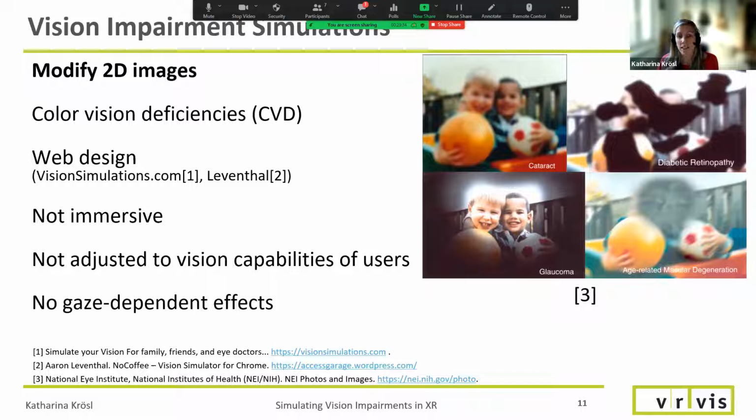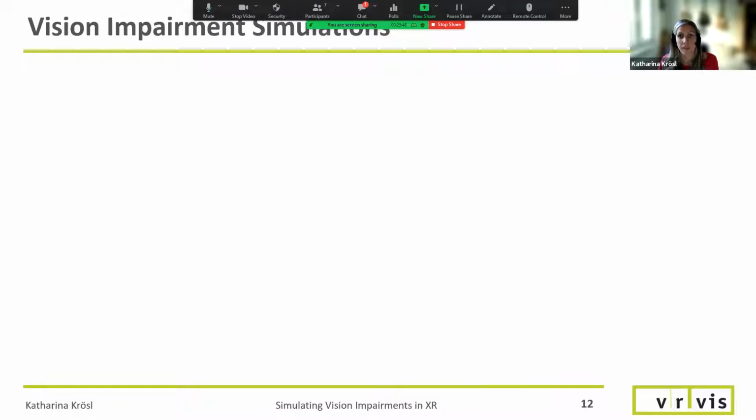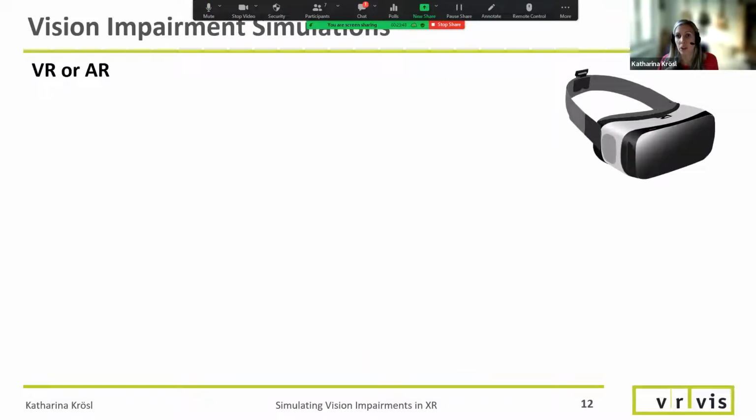So clearly we need something better than 2D images, something closer to reality and something more immersive. There's a whole body of research on simulating vision impairments in VR or AR with different limitations. Many simulations are simplified depictions of eye diseases and do not combine multiple symptoms to simulate complex eye disease patterns.